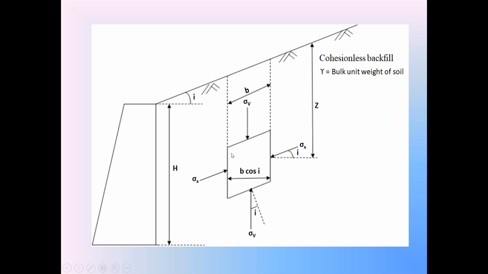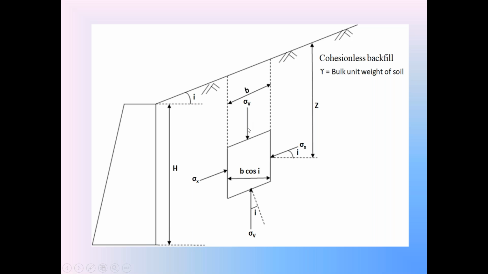Similarly, the stress sigma x is not perpendicular to the vertical sides of the element, but sigma x is parallel to the top and bottom of the element. So we call these two stresses the conjugate stresses.